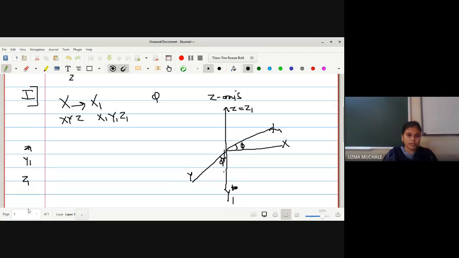For x1 is equal to, we have to write this in terms of x, y, and z. So what is the relation?